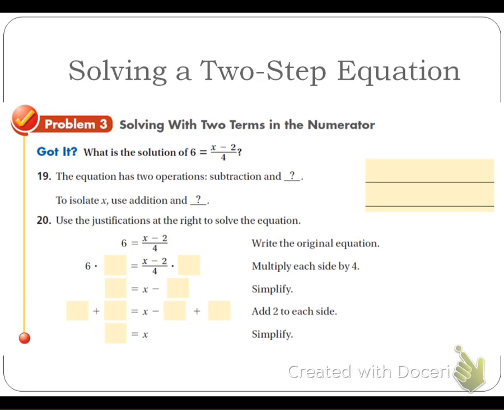So look at problem number 3. It says, what is the solution of 6 is equal to x minus 2 over 4? Do you recognize that complex fraction? The equation has two operations, subtraction, right here, and division.